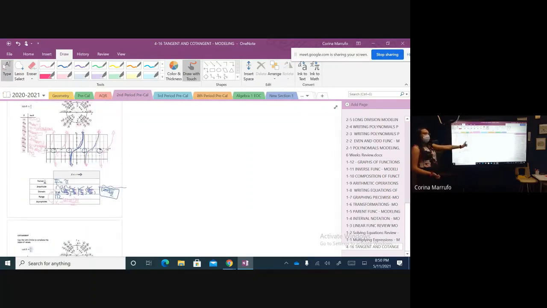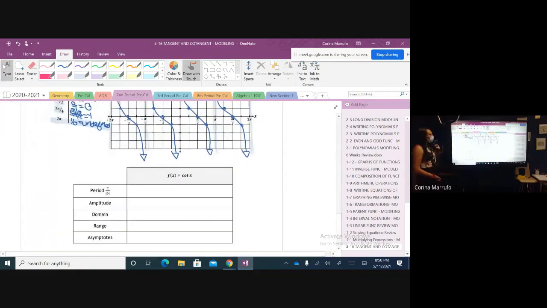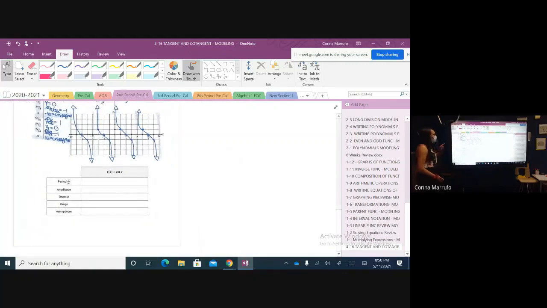Here our asymptotes are at the halves. Here our asymptotes are at the whole numbers. Okay. So for a period, we take pi and divide it by b. B is a number that is in front of this x. This is our b. In this case, our b is going to be 1. So pi divided by 1 is just pi.